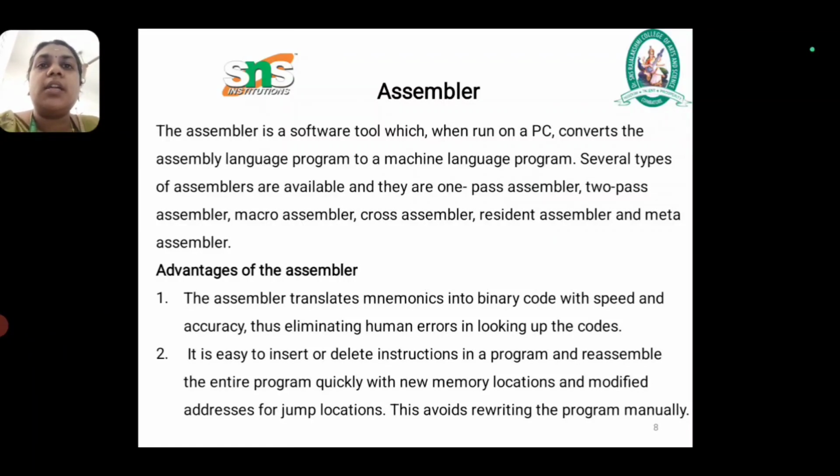What is meant by a single pass assembler? If an assembler scans the source only once, then it is called a single pass assembler. And what is meant by a multiple pass assembler? If it does multiple scans, that is called a multiple pass assembler. Then the advantages of assemblers: assemblers translate mnemonics into binary codes with speed and accuracy, thus eliminating human errors in looking up the codes.